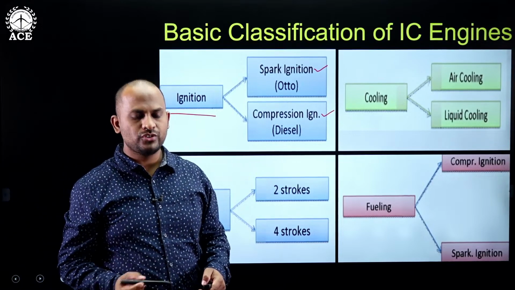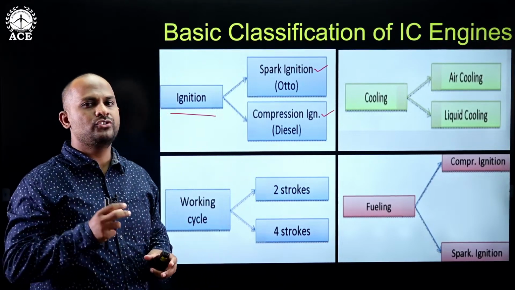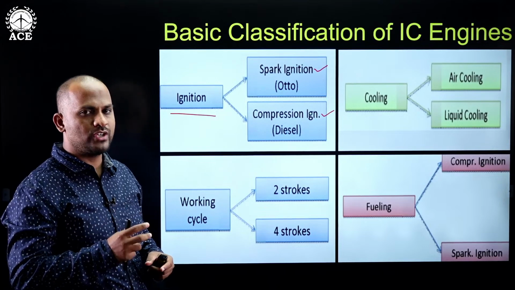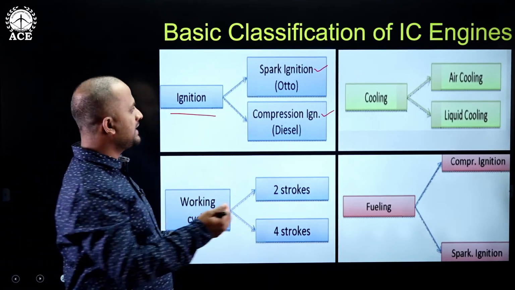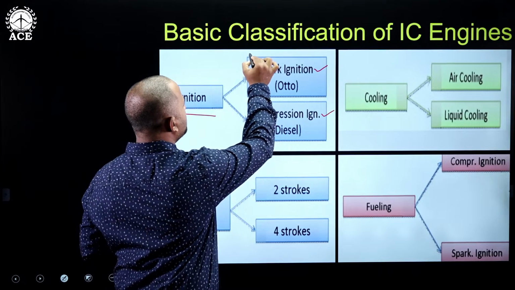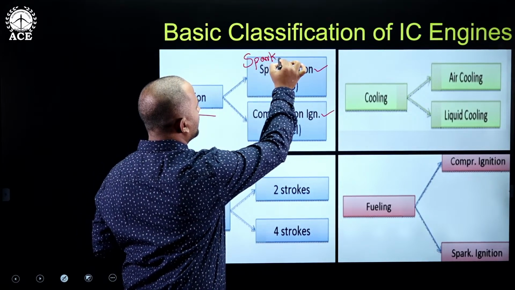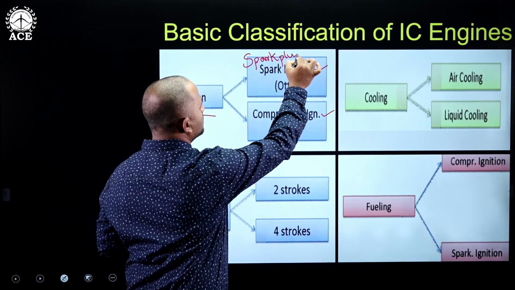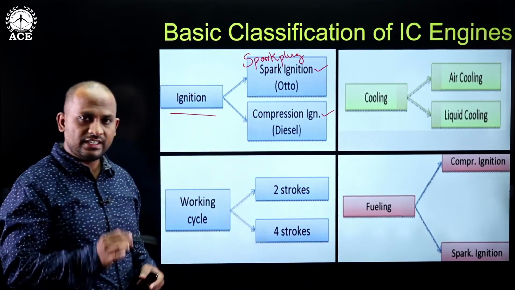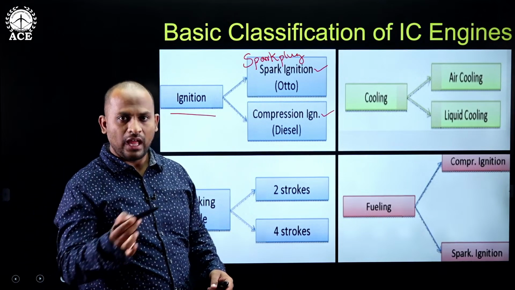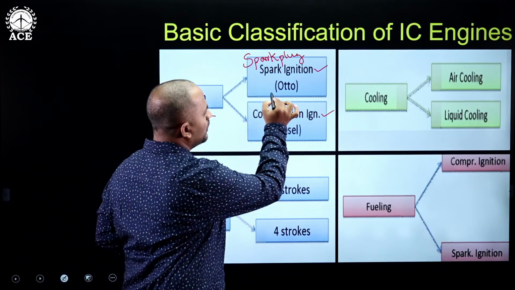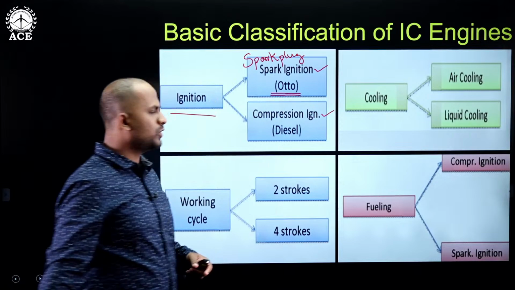What is a spark ignition engine? For igniting the charge, if we use an external aid like a spark plug, that is a spark ignition engine, and it is based on the Otto cycle.